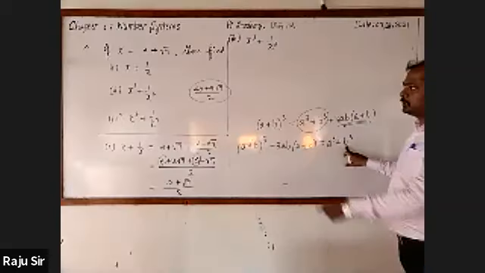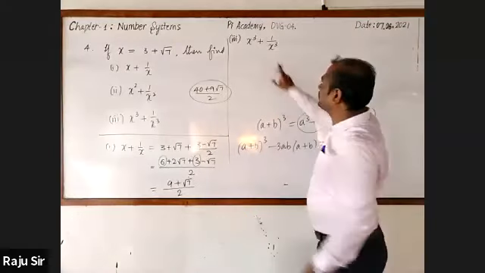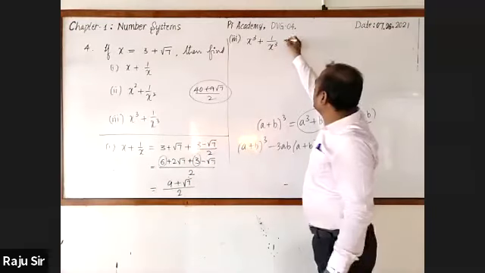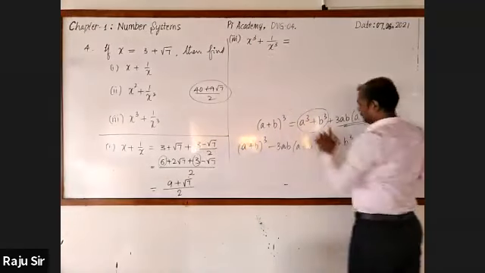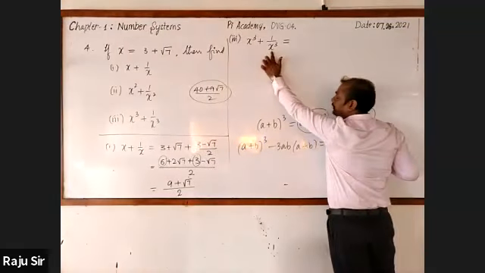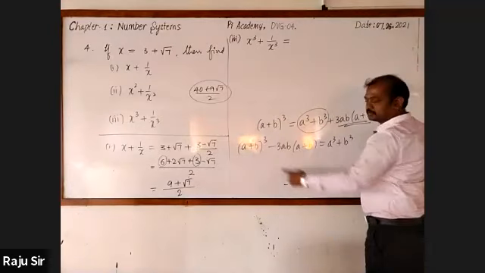Now, look at a cube plus b cube. In place of that, x cube plus 1 by x cube is there. Now I can write, see, a is nothing but x. b is nothing but 1 by x. I'll substitute.